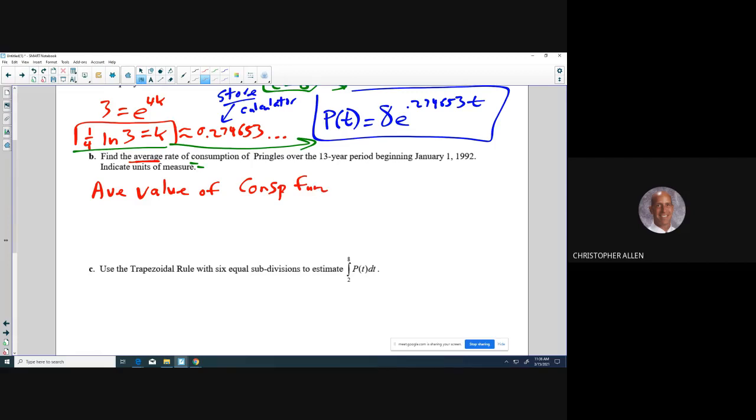Write it like that. What is the average value of the consumption function? This is how much is being consumed in a given year. So we need to use our average value formula. And you might say, well, Mr. Allen, it says rate.